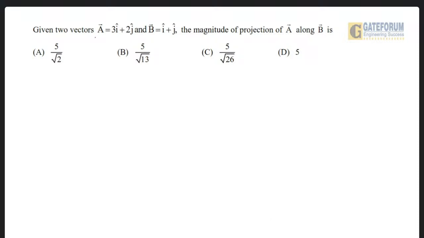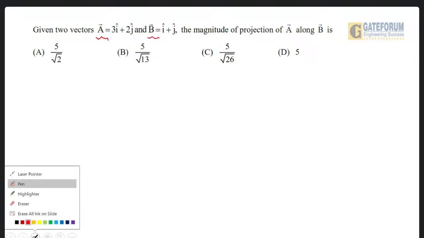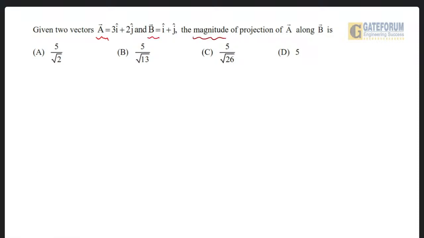The solution is, so A bar, B bar given. Now the question requires magnitude, means length, projection of A bar along B bar. Solution.